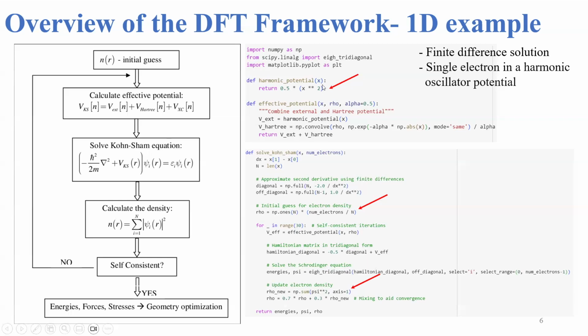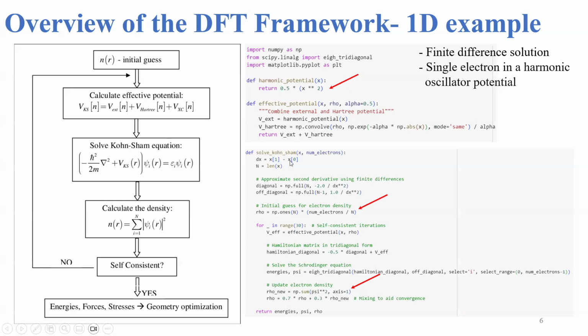So on your right hand side, I show you a very simple picture of solving a one-dimensional Kohn-Sham equation. For simplicity, we can take this external potential to be a simple harmonic oscillator potential, half x squared, and from there we can construct the Hartree potential for the electrons and add it to the harmonic potential. We do not know the exchange correlation term here, so we'll try to guess it self-consistently.